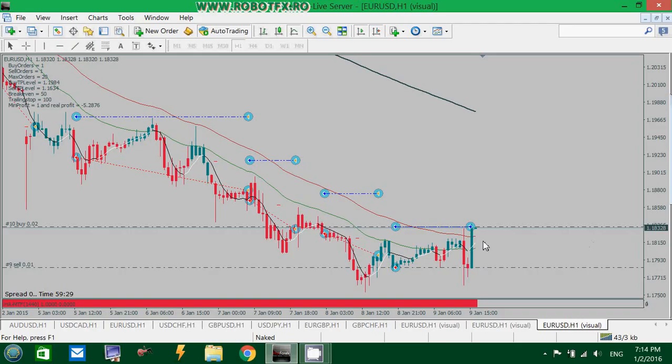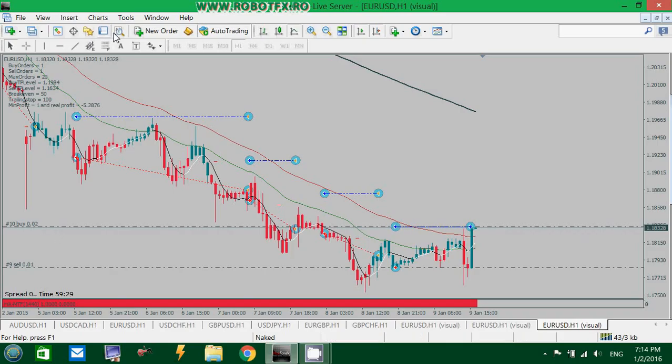So if the non-lag moving average, which is now white, the black and white line, changes to black anywhere on this chart, and the trend is still down, the expert advisor will open another sell, probably 0.02 or 0.03 lots.